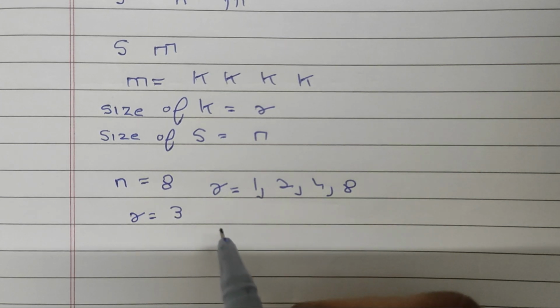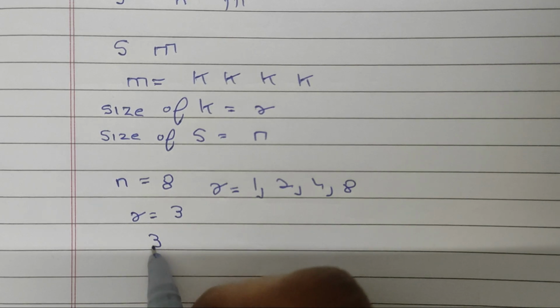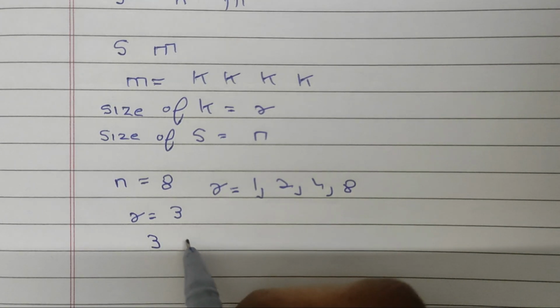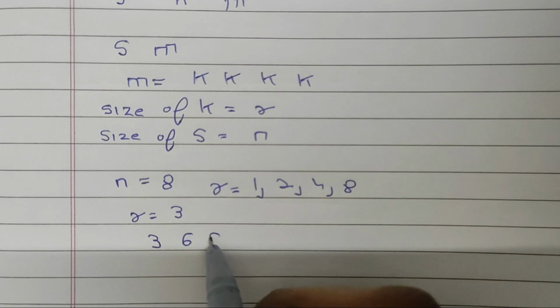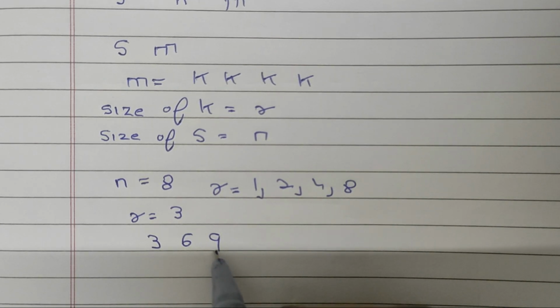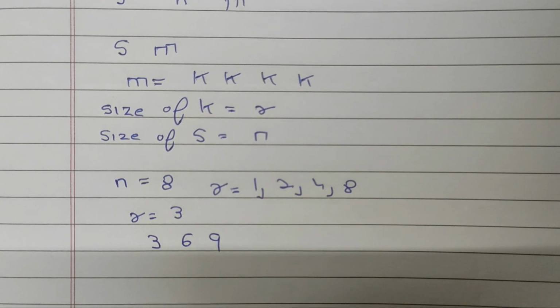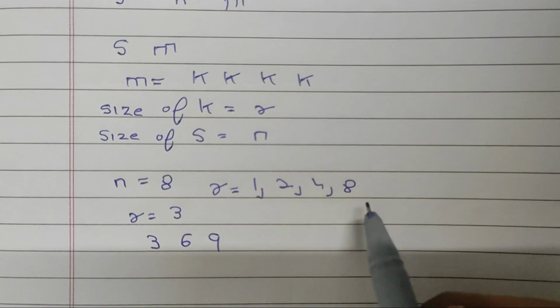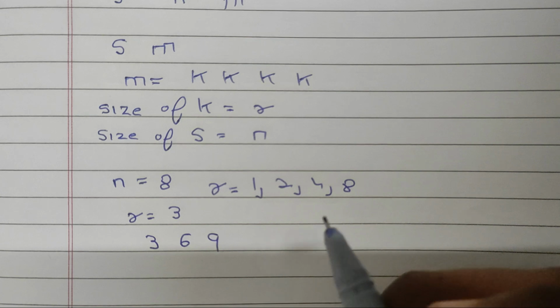If we take R alone, it will be equal to 3. If we repeat R 2 times, it will be equal to 6. If we repeat R 3 times, it will be equal to 9. At no point does the size become equal to the required N that we want. So the first observation is that R should be a factor of N that they give us.